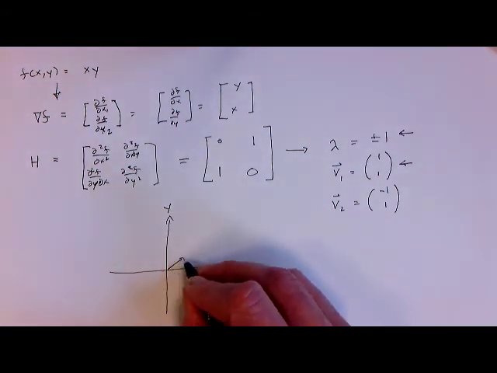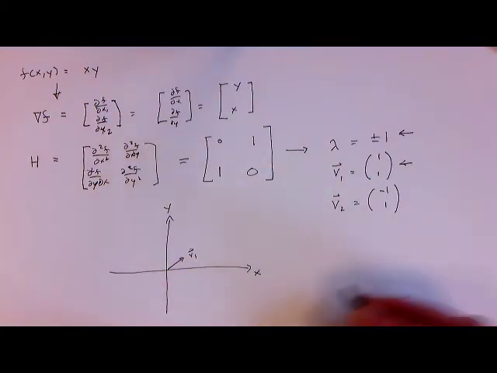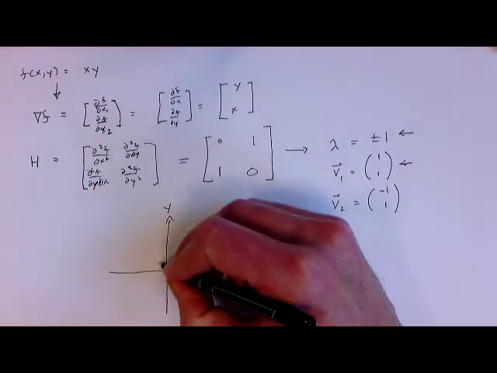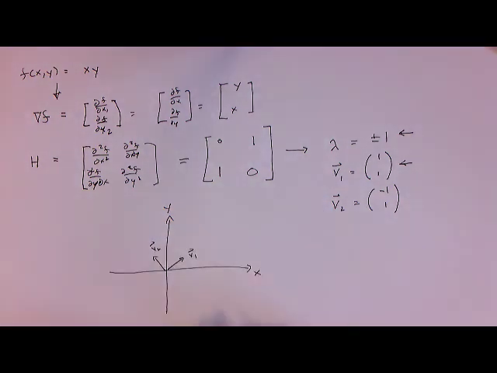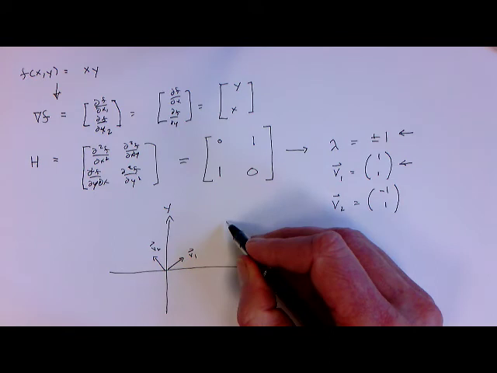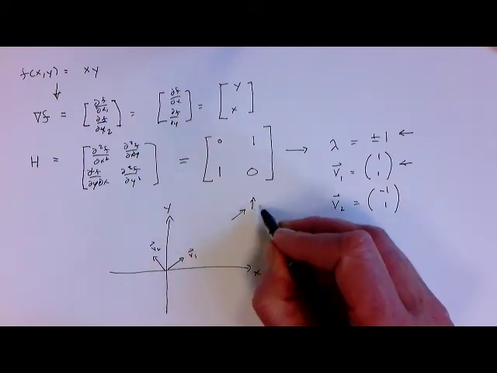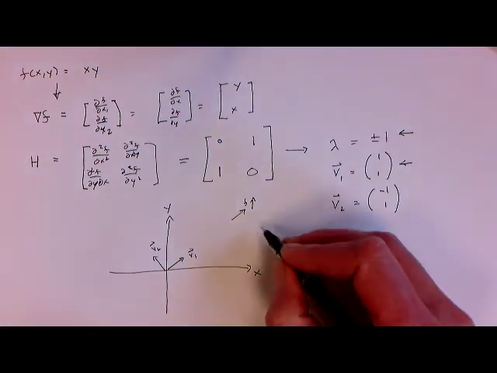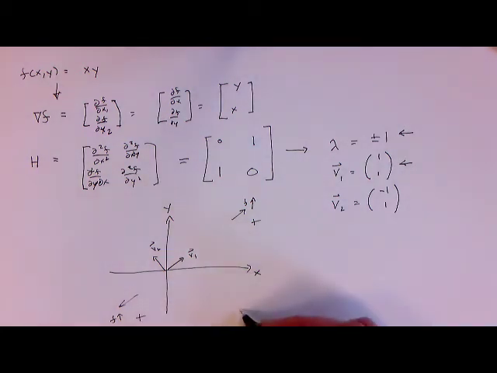V1 points in this direction, and V2, we said (negative 1, 1), points in that direction. And if you remember what the function looks like, the function is positive over here, it's also positive over here, and it's negative here and negative here.